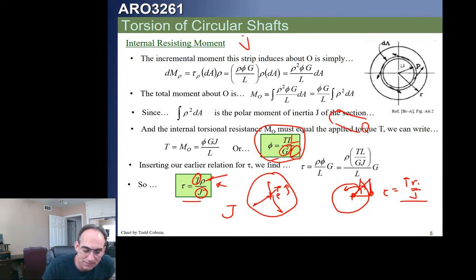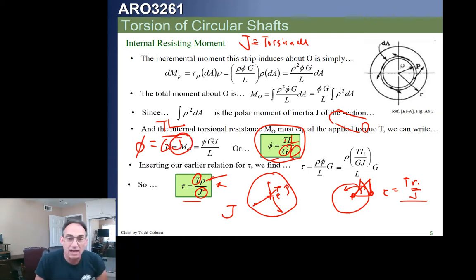While this is the polar moment of inertia, what that means is this is the torsional constant, okay? What we're seeing here is the angle of twist is equal to TL over GJ, where this J is the torsional constant.